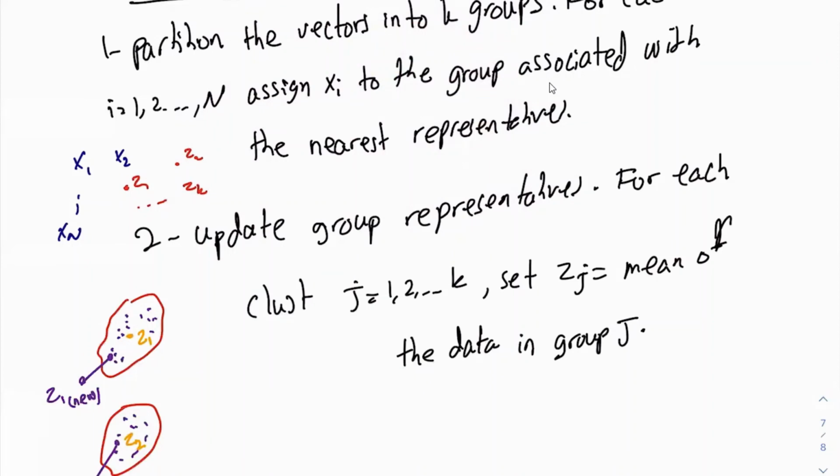You keep doing this until the cost function doesn't decrease anymore, and until the group representative, sometimes known as the centroid of the cluster because we calculate the mean of the data points per cluster, doesn't really change. But the best stopping criterion is to look at the cost function, or the objective function, and do something like this.